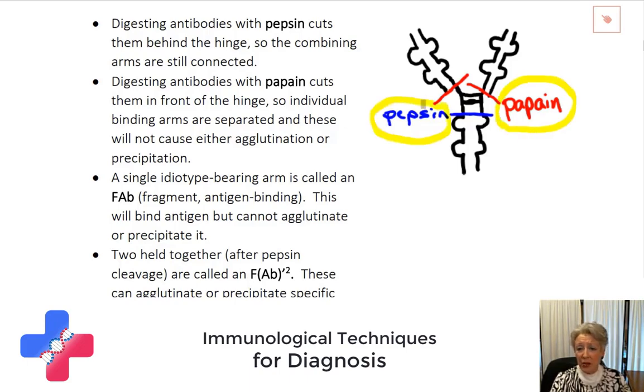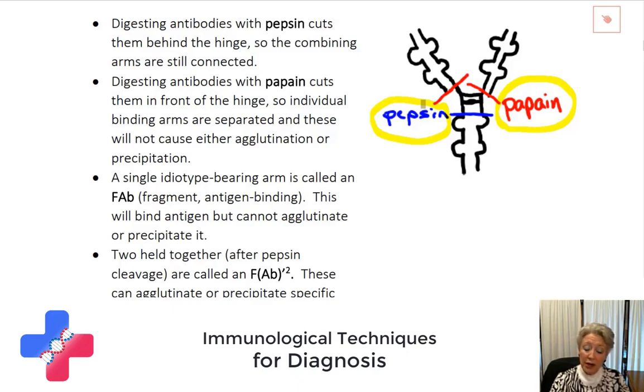But back in the day, when they didn't know what antibodies did, they would cut them up and see what happened to them when they were cut up. Sort of like early surgeries. If you want to know what the heart does, you remove it and you find out that your patient doesn't do so well. Well, early immunologists cut antibody molecules up with digestive enzymes.